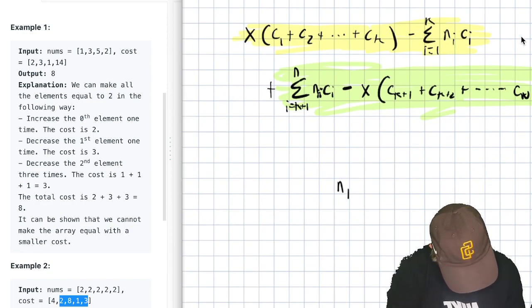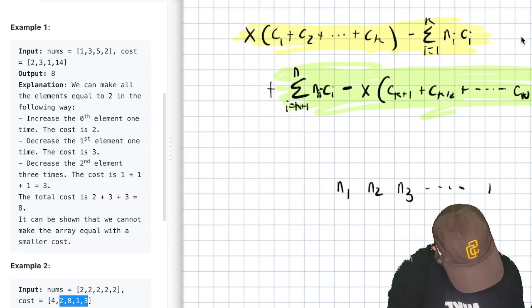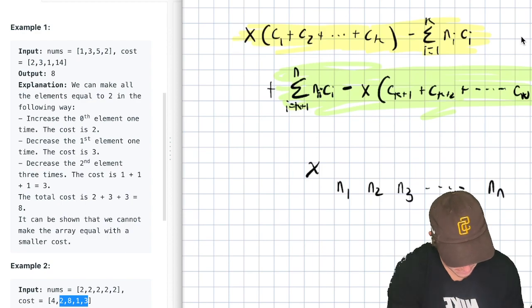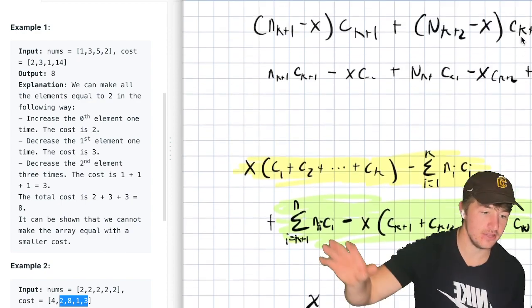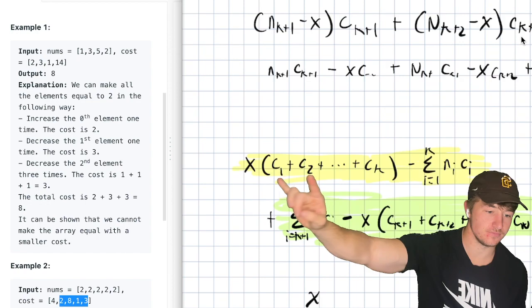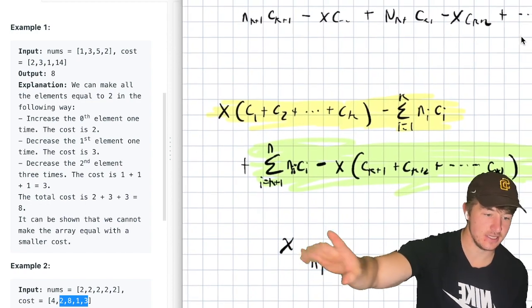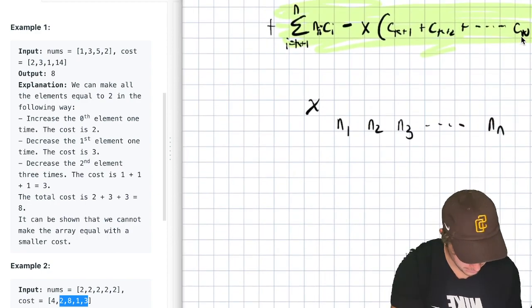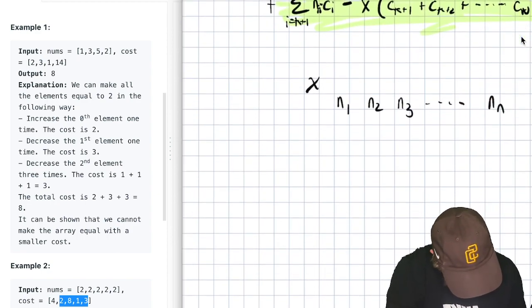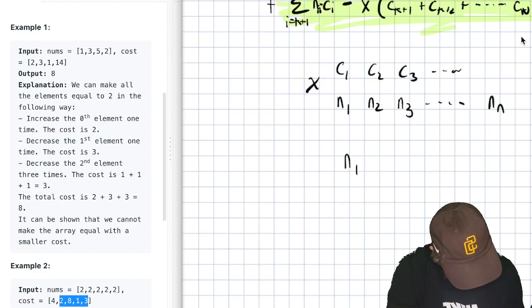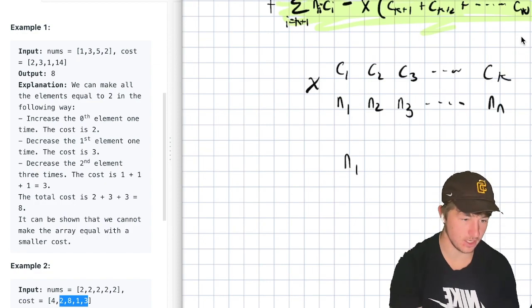Okay, so if you have n1, n2, n3, all the way to nn. Now let's say we're checking an x value that's less than n1. So there's actually nothing here, because everything is going to get decremented to x because everything is larger. So the formula basically states that you would do n1, and let's say there's cost 1, cost 2, cost 3, all the way to cost x, cost n.